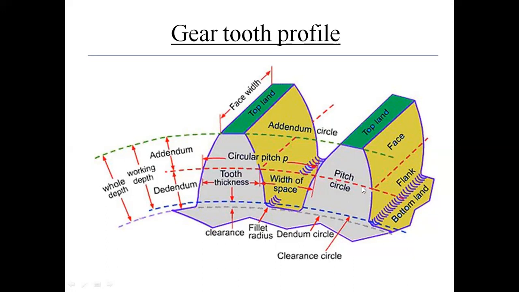Pitch circle is the circle on the gear teeth, and it is a circle, so it is not a straight distance, it is a circular distance. So this is the point on one tooth and the corresponding point on the next tooth, immediately next to it. This circular distance, which is measured on the pitch circle, is the circular pitch.